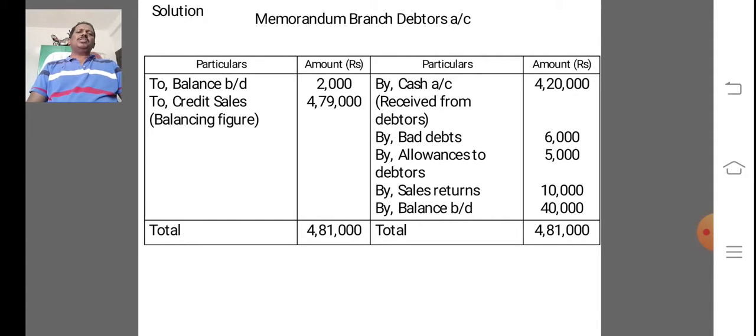The total is 4,81,000 on the credit side. The difference is 4,79,000. 4,79,000 is the credit sales balancing figure.